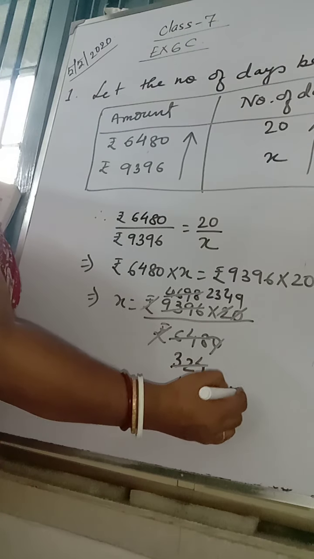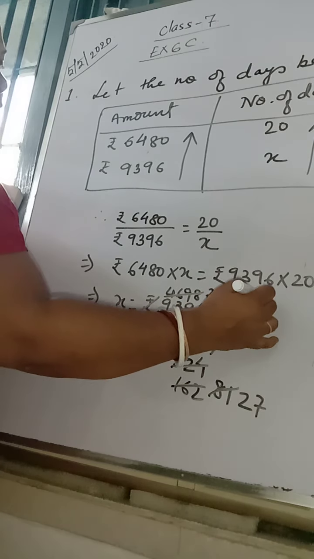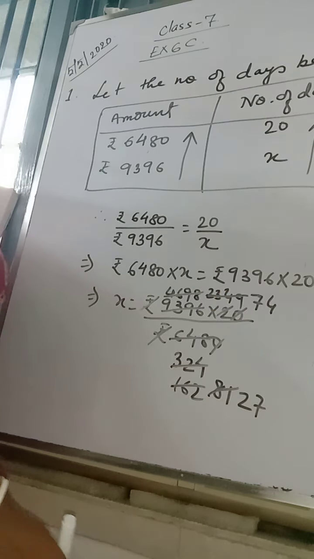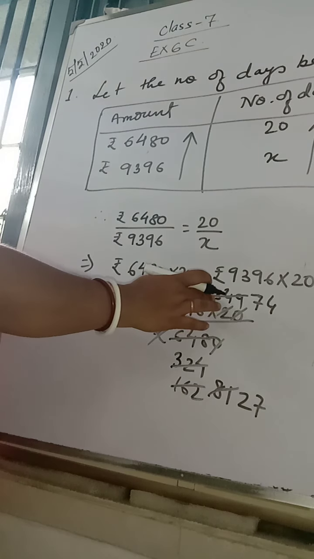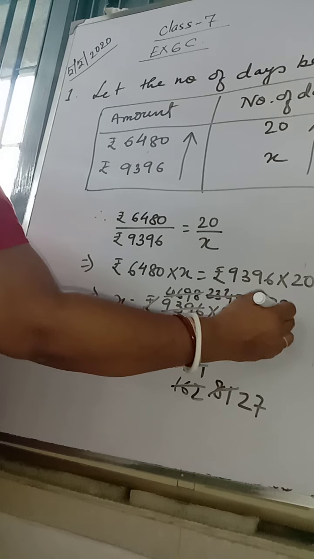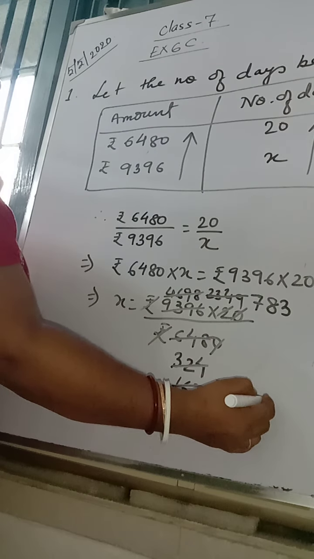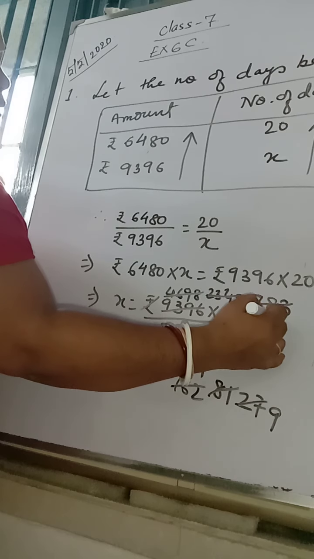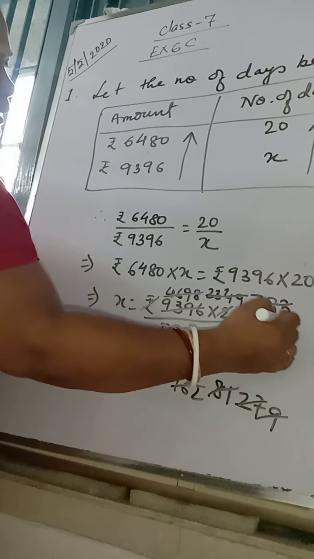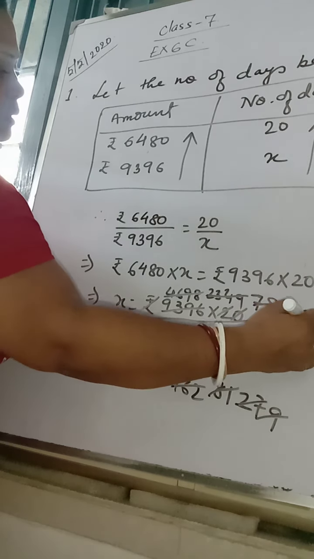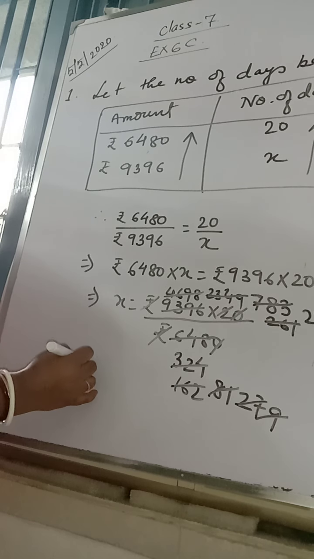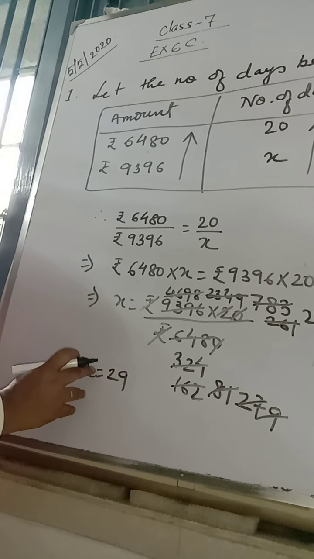With 3 27s are 3 7s are 21, 3 4s are 12, 21, 2 3 8s are 24, sorry, and 3 3s are 9. Again 3 9s are 27, 3 2s are 6, 3 6s are 18, 3 1s are 3. With 9 9s are 81. So X is equal to 29.